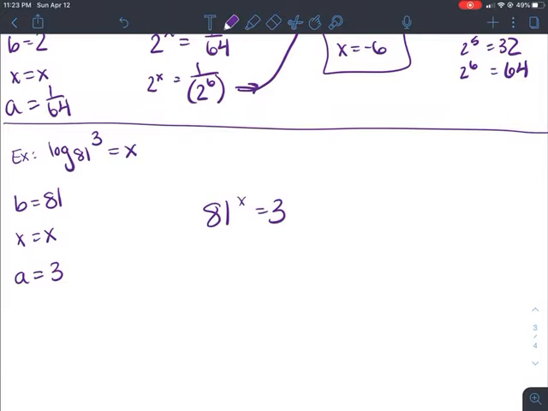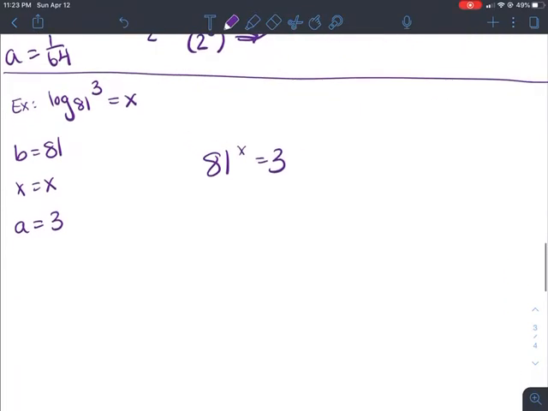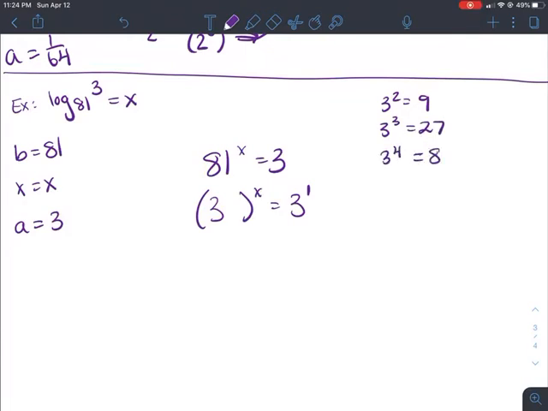If you plug it into your calculator, you see that 3 does go into 81. So you can do 3 to the power of something, x, equals 3 to the power of 1. So 3 squared is 9, 3 cubed is 27, and 3 to the 4th is our lucky number, 81.